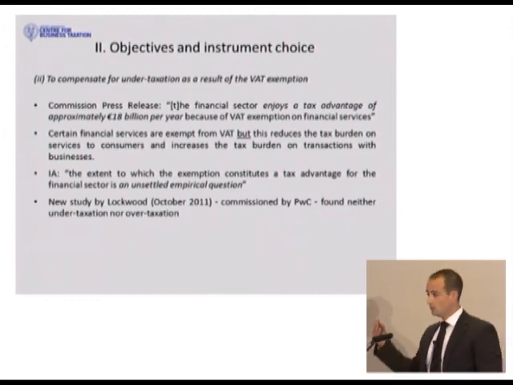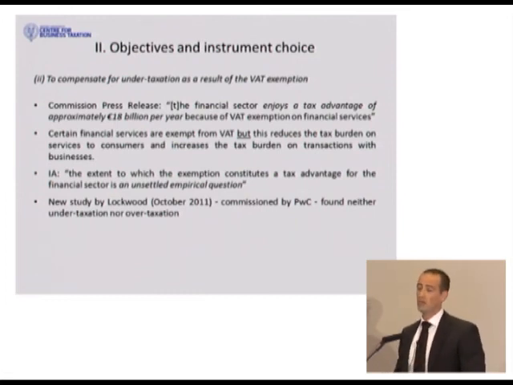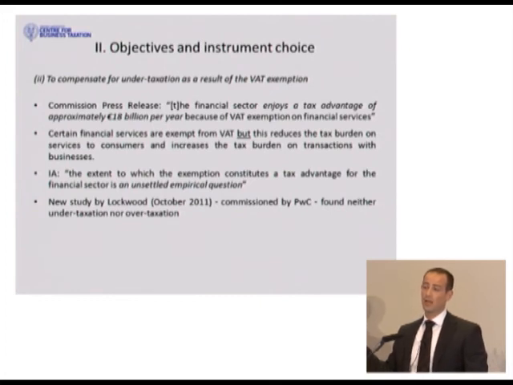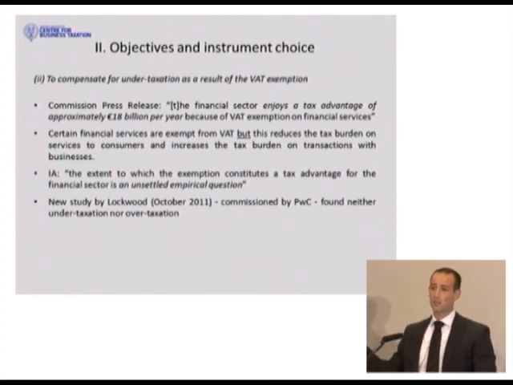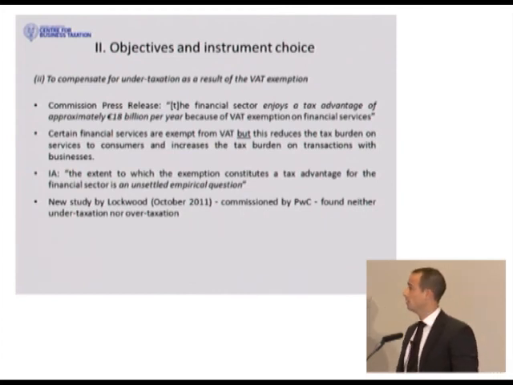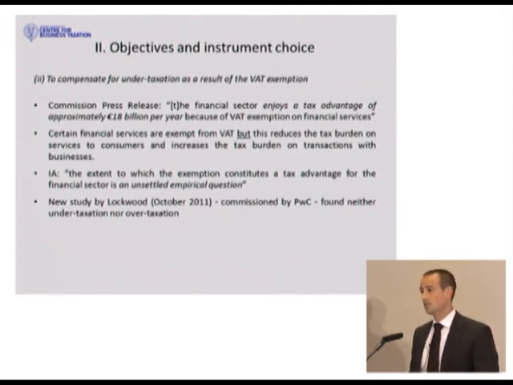However, we know that most financial services are exempt for VAT purposes. This leads to an undertaxation for services to consumers and a higher tax burden for transactions to businesses. And as the Commission itself recognized in the impact assessment, the extent to which the exemption constitutes a tax advantage for the financial sector is an unsettled empirical question.